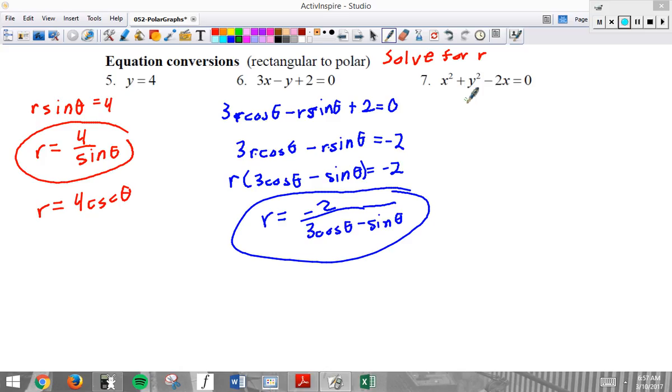X squared, I'm going to replace it with r. Okay. Yeah, slow way first. R cosine theta. This is the slow way. But there's no shame in doing things slow as long as we're getting it right every single time.